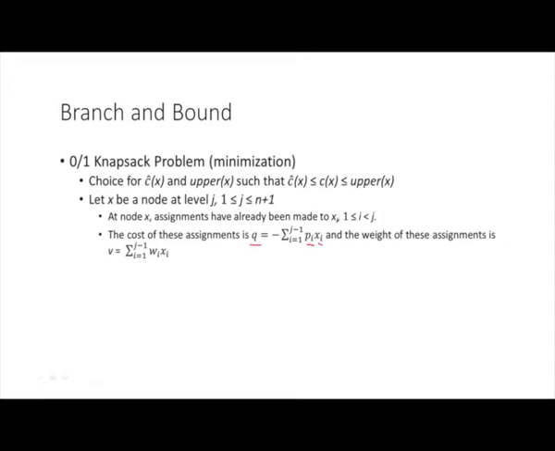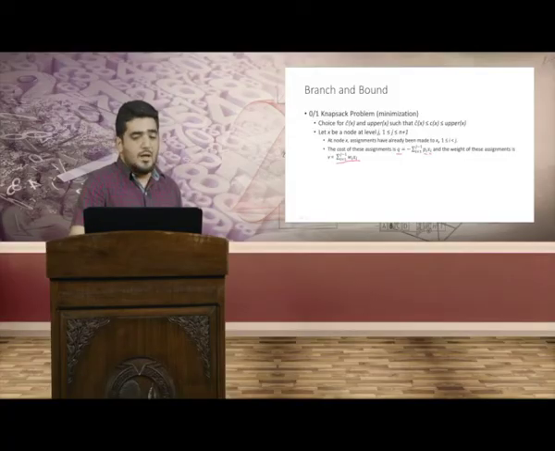And the weight of these assignments is, similar to the earlier case, the weight of the items which we have selected. So xi would be 1 for an item which we have selected, and 0 for an item which we have not selected. So these are the two values that we know before level j, and these two quantities, q and v, are what we know so far.